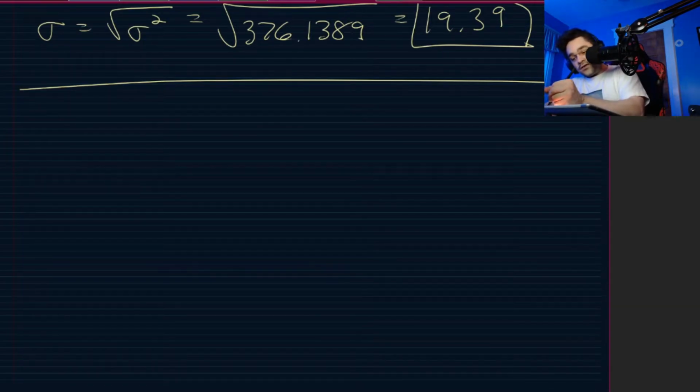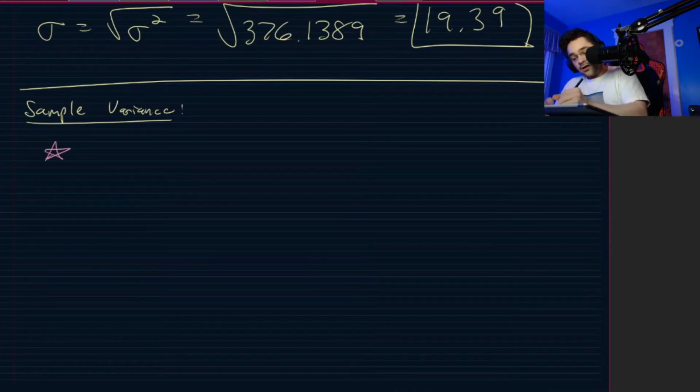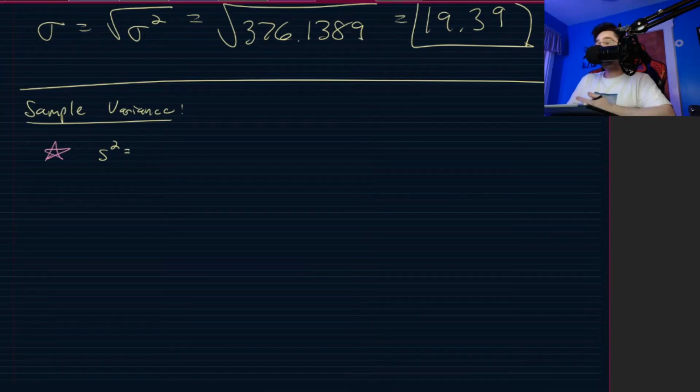So for sample variance, this is denoted with s squared rather than sigma squared. Remember, samples use English letters, populations use Greek letters. That's, again, one good indicator of what framework you're working in.